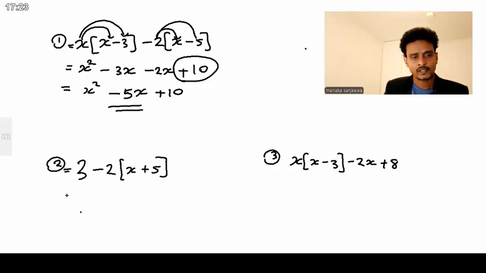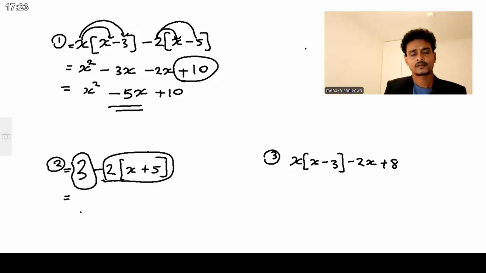Okay, we got a second one. Now can you tell me how many terms in this expression? Two terms. What's the first term? This 3. This 3 is alone, so that's a term, right? This one is the other term.